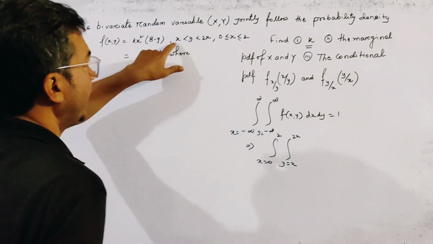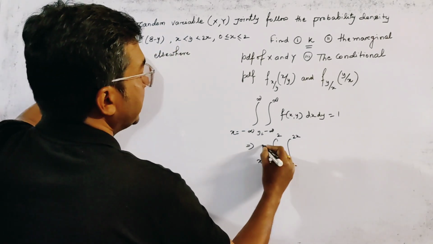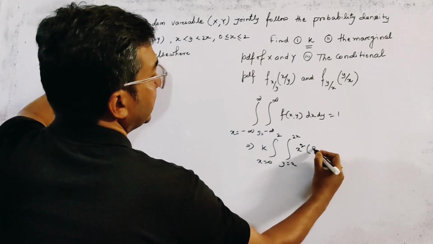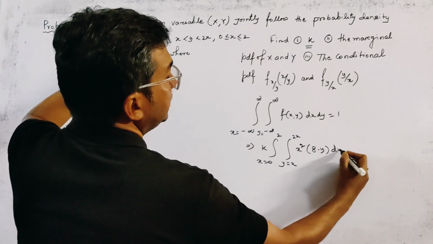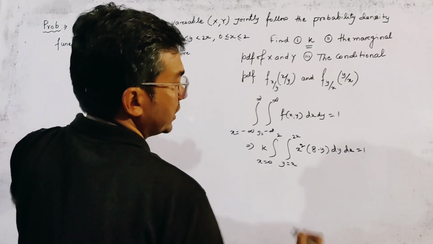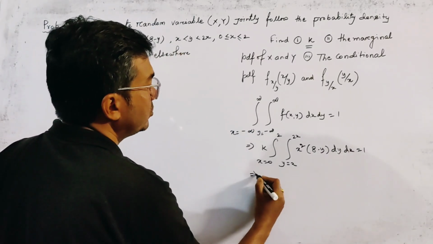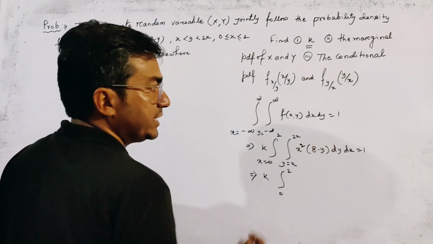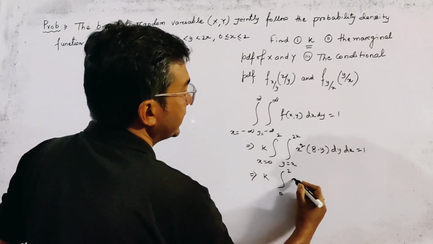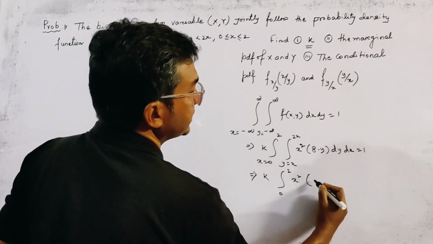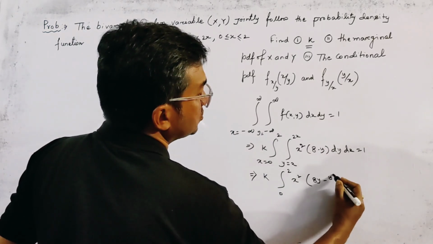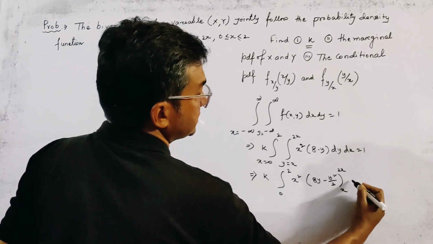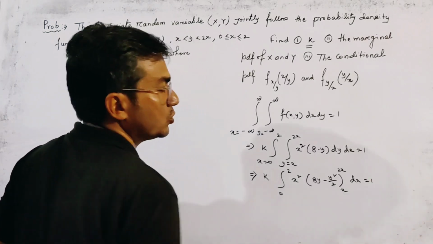We write k outside of the integration: k times the integral of x^2 (8 - y) dy dx equals 1. Now we first integrate with respect to y, getting 8y - y^2/2, with the range x to 2x, dx, equal to 1.